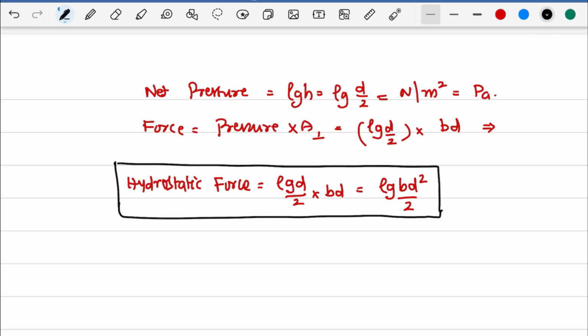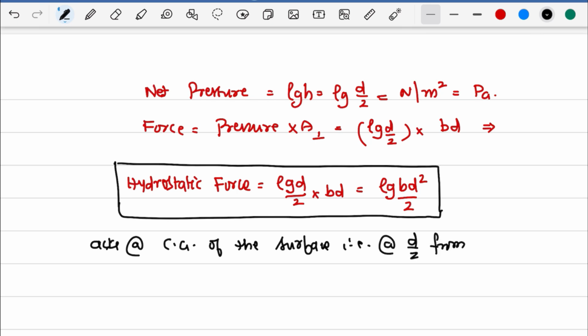The force acts at the center of gravity of the surface, that is at d by 2 from the top of the water surface. This can also be one of the questions when a rectangular cross-sectional vertical plane is put in the water under fully immersed conditions.